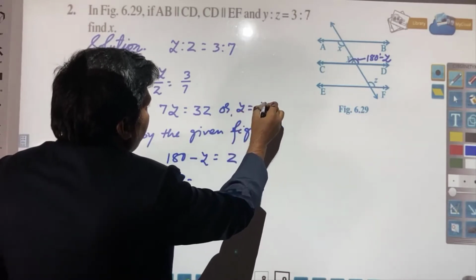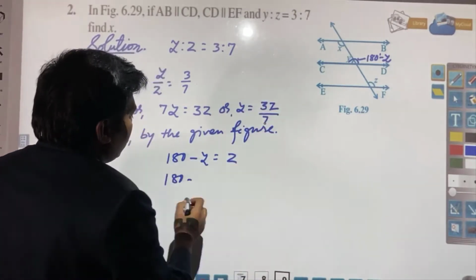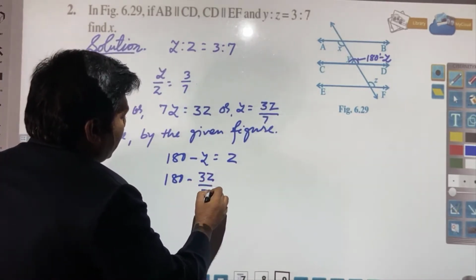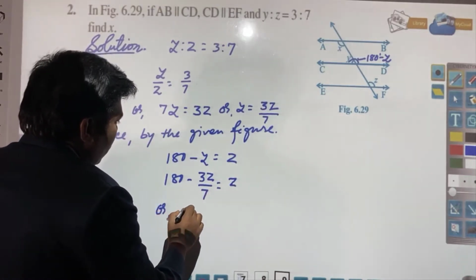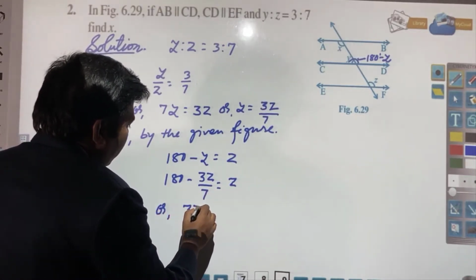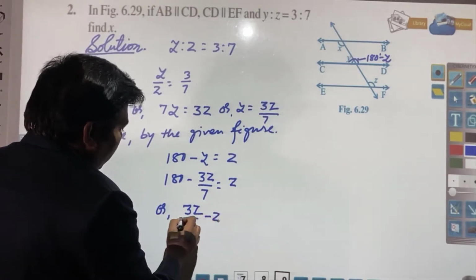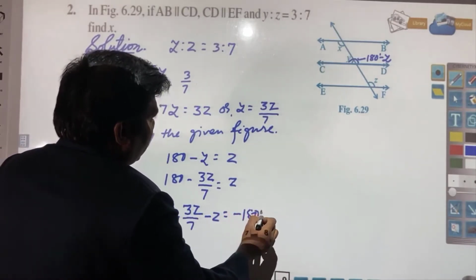Y will be 3Z divided by 7. So here you write 3Z divided by 7 is equal to Z, or 3Z by 7 minus Z. Here also you write minus, and that is equal to minus 180 degree.